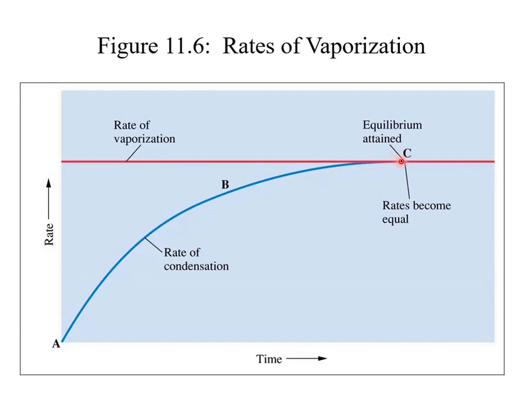As I form more gases, the rate of condensation increases. And then at some point, the number of molecules going from a liquid to gas per unit time equals the rate of gas going to liquid per unit time. And when that happens, this range right here is when my vapor pressure is constant, okay?